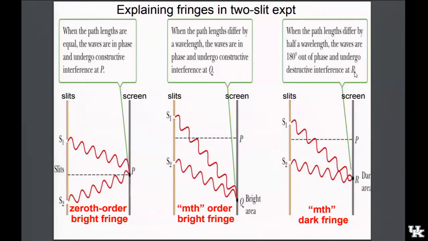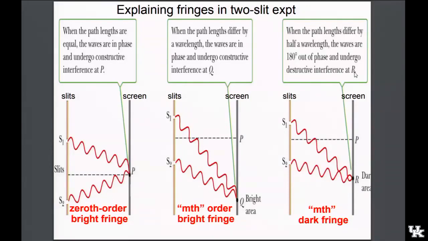And so the number of complete cycles of the wave from the slit downstairs and the slit upstairs to the screen is the same. And so for the 0th order bright fringe, when a crest is at the screen from the top slit, a crest is at the screen from the bottom slit, and so on and so forth. So that's the 0th order bright fringe.